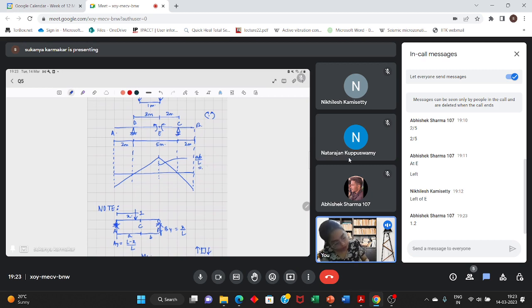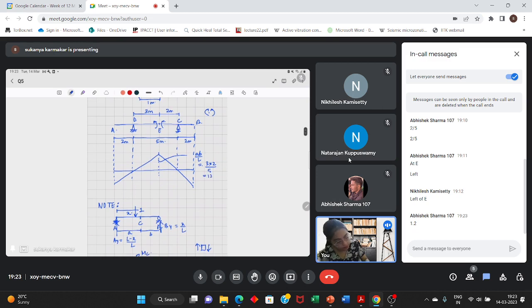1.2, right? 3 into 2 by 5, 1.2. How much is this ordinate? Use the similarity of triangles and find out. Sorry, I should have written it more clearly. This is equal to 1.2. Now use the similarity of this triangle and this triangle to calculate this height x.